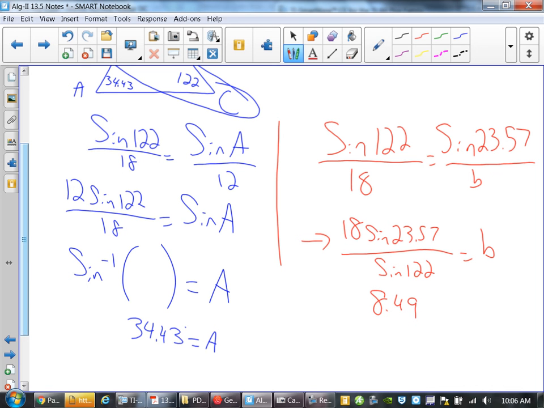Do you guys know the reason why I always write out what I'm doing before I put it in the calculator? So you don't mess up. When I first typed it in, I realized I wrote it down, and I accidentally typed in 25.37 instead of 23.57. I flip-flopped those two numbers.